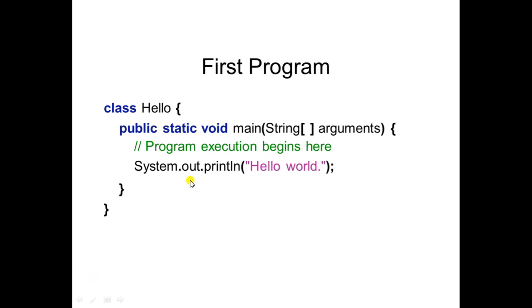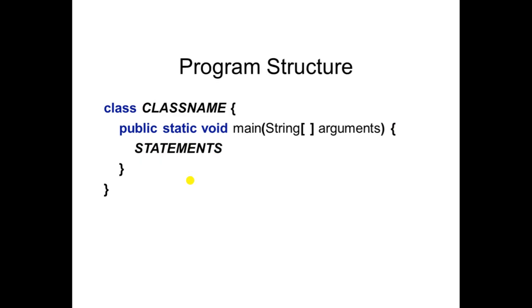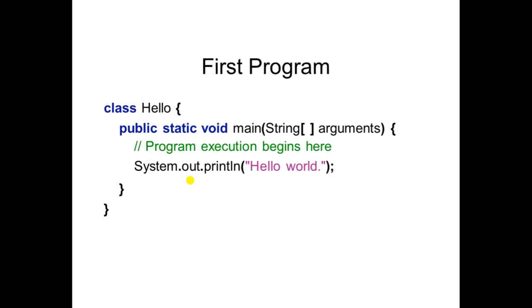Okay, if you want to print something on a screen, then you need to use System.out.println, and whatever things you put inside the parentheses will get printed on a screen, on a monitor as it is.